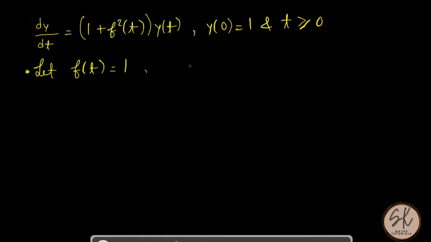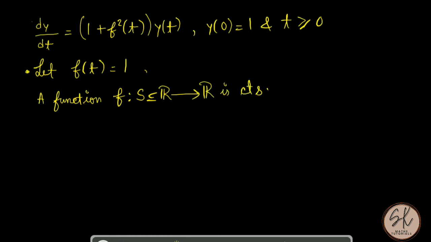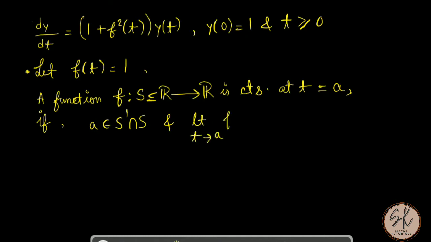How? According to the definition of a continuous function, a function f from S, where S is a subset of R, to R is said to be continuous at t is equal to a, if a belongs to S and limit t tends to a, f of t is equal to f of a.